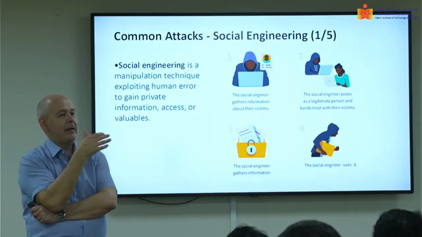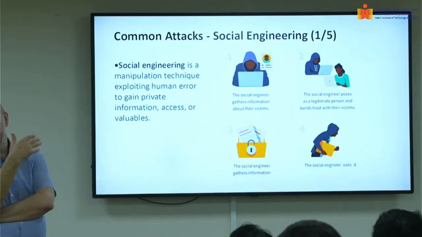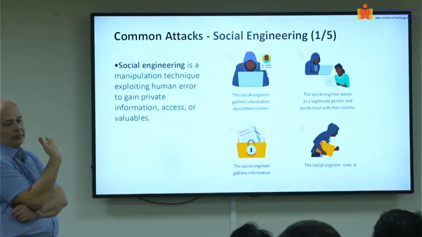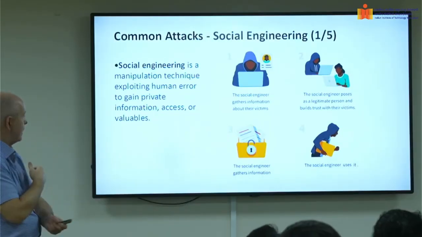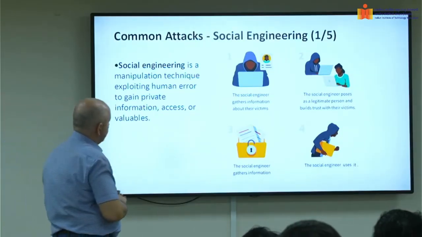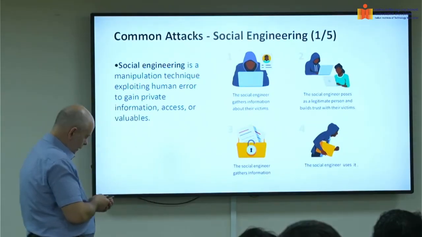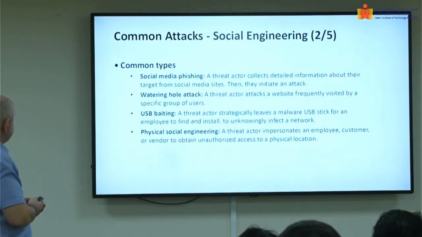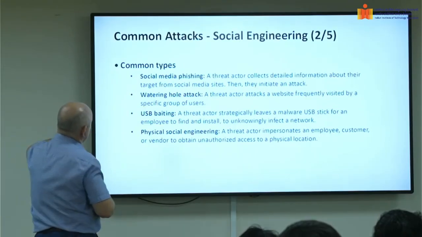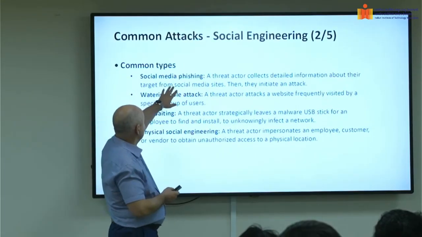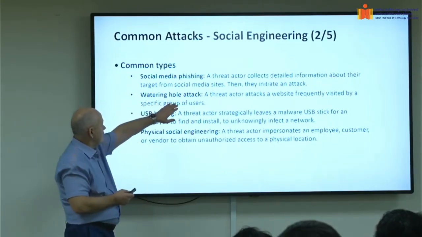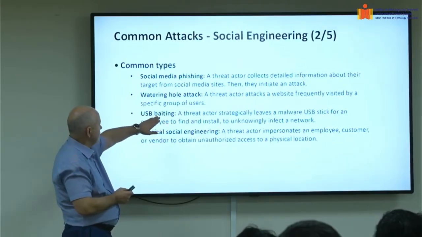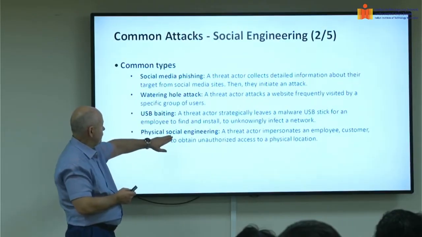There are a lot of cases, and they earn a lot of money this way. This is done very often. The common types are social media phishing, watering hole attack, USB baiting, and physical social engineering.